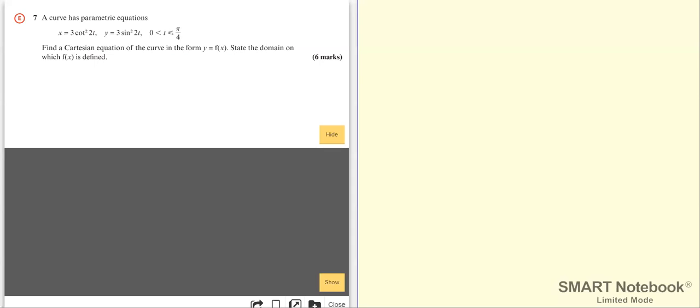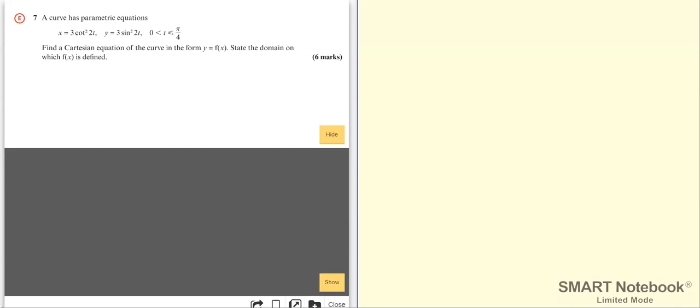X over 3 sounds okay. What is the underlying identity that we might use in this particular set of parametric equations? That's the first question I ask myself. I look at these two equations, I think, okay, here are the trig terms.